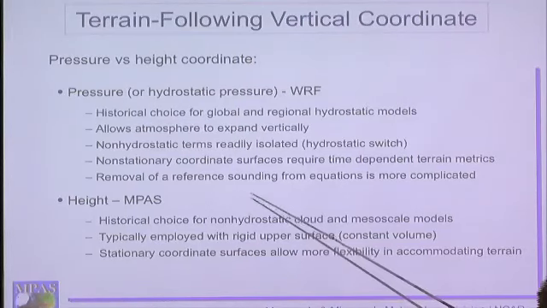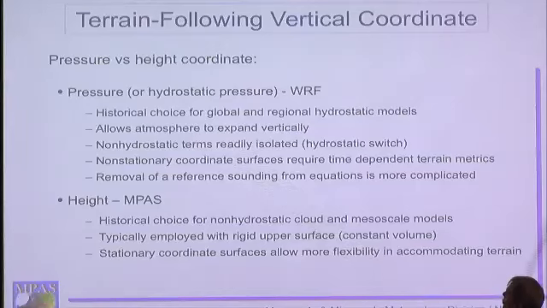Also, if one wants to remove a reference sounding from the equations, this can certainly be done, but it is definitely more complicated, and for people not familiar with the details of the technique, it can be pretty confusing.